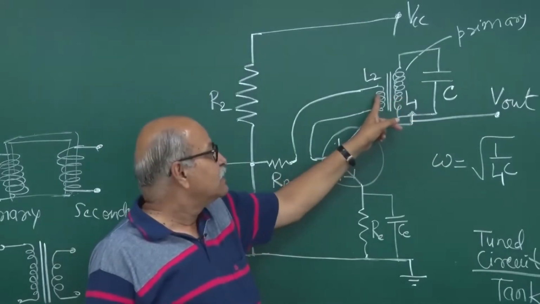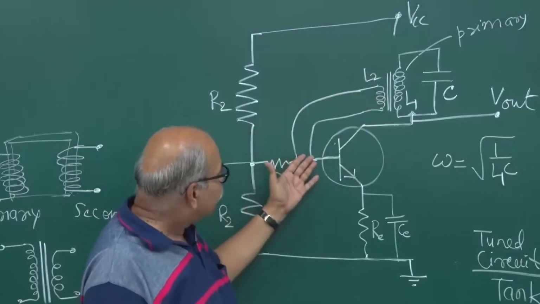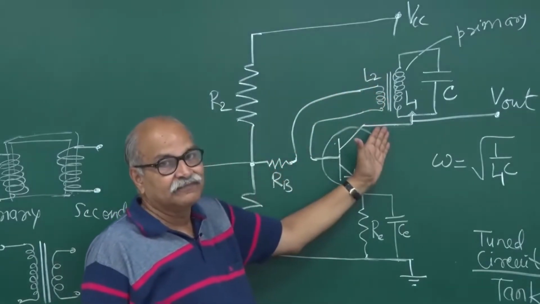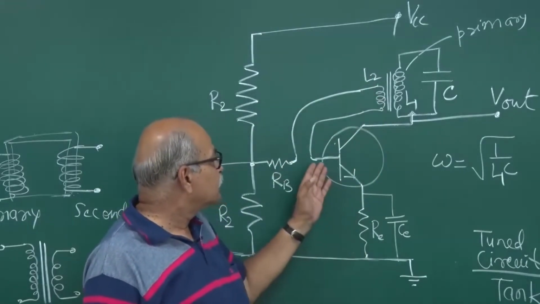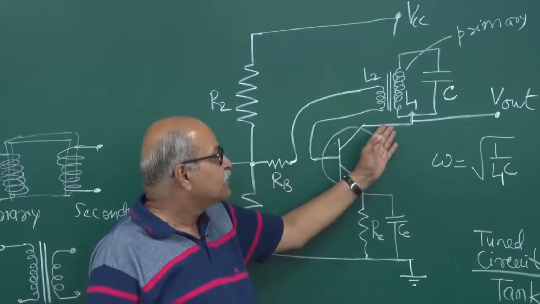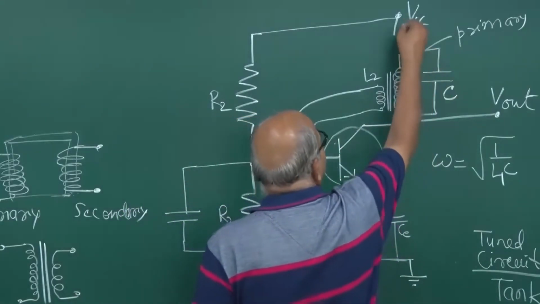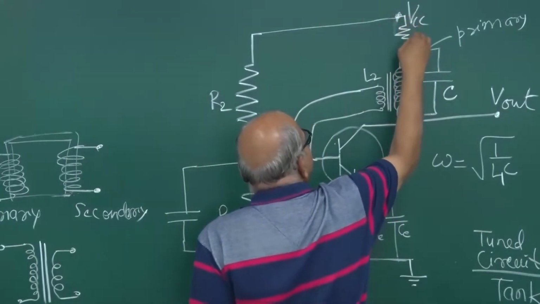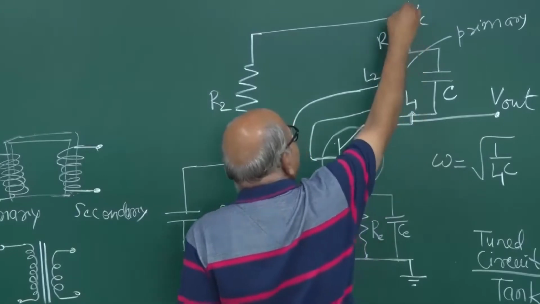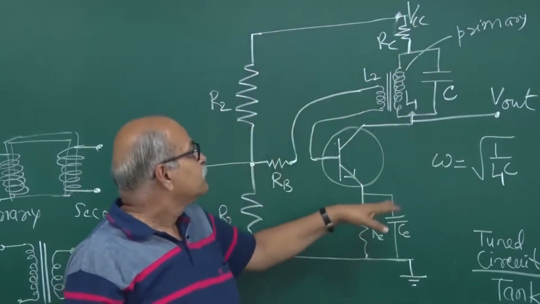Then when this signal goes here and gets amplified, you remember that in the common emitter configuration, when this amplification takes place, by the way, I have not connected this thing to this circuit, you have to connect it here. So let us put a resistance and connect it, so that this whole circuit is completed anyway.